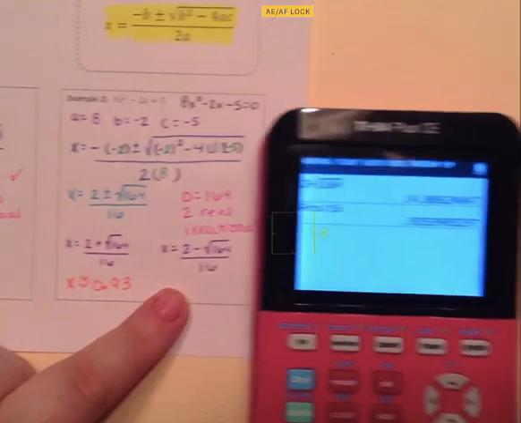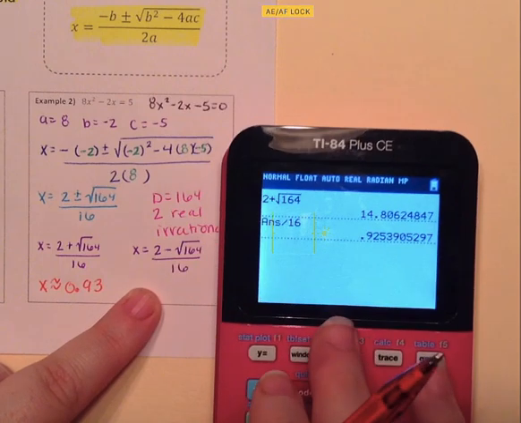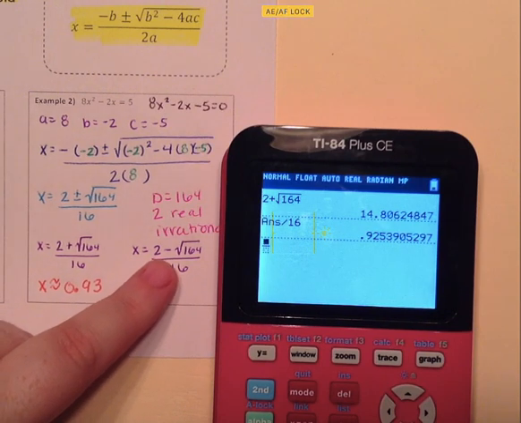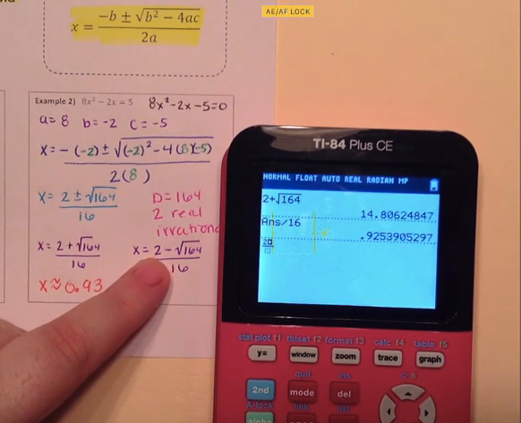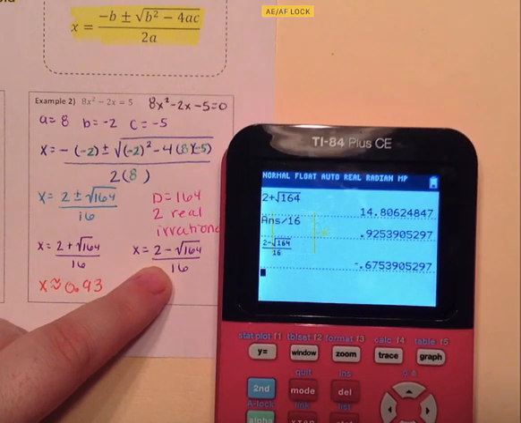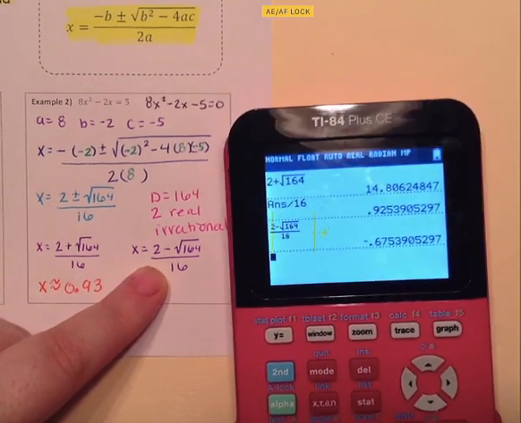My second one, I'm going to actually show you for the newer type of calculators again. I'm going to do my alpha y equals. I'm going to do that first part to put in a fraction. I do 2 minus the square root of 164, and then I press down, then I put 16. Enter. Now this is not giving me a fraction because this is an irrational number.